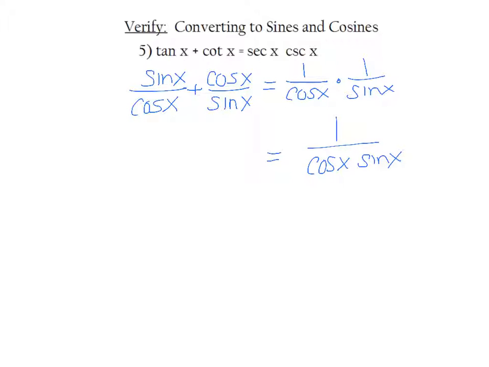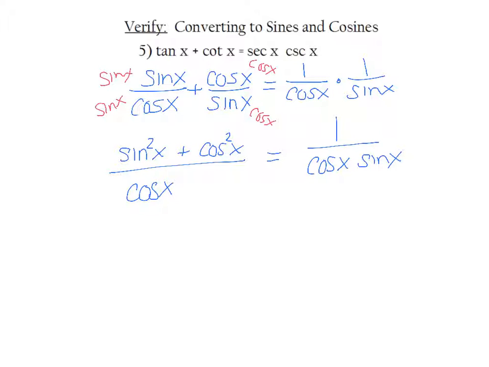The left side, I'm going to have to get that common denominator. This fraction needs to be multiplied by sine x. This fraction times cosine x. I end up with a sine squared x plus a cosine squared x all over that common denominator, cosine x sine x.